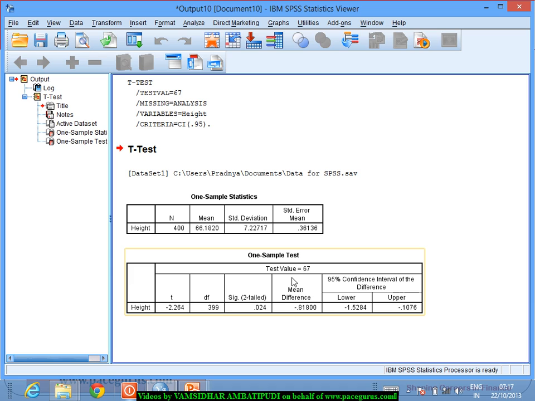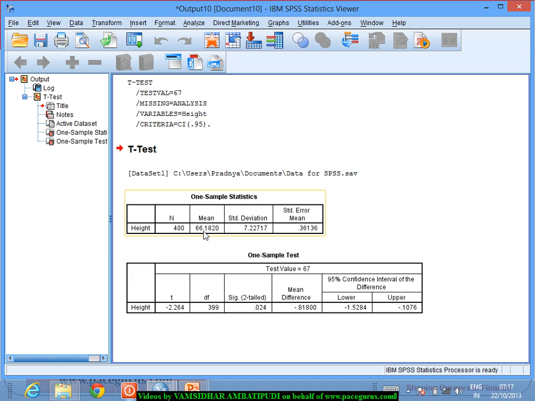So this is the one sample t-test. One sample t-test table is this. What you are seeing is a t-value. The t-value is nothing but the mean difference, whatever is there. How did I get the mean difference? 66.18 minus whatever is my assumed height.